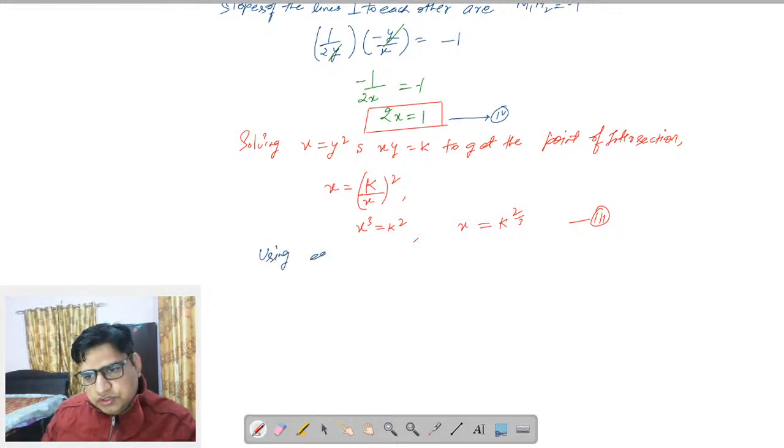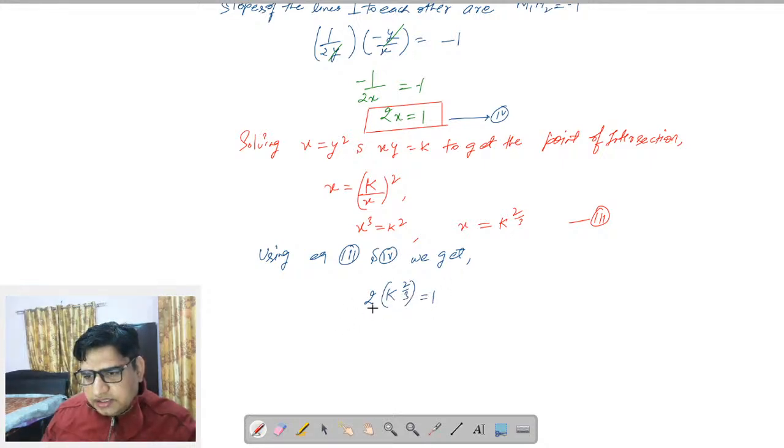So using equations 3 and 4, we get, so here x is equal to k to the power 2 by 3. So 2 into x, that is 2 k to the power 2 by 3, is equal to 1.